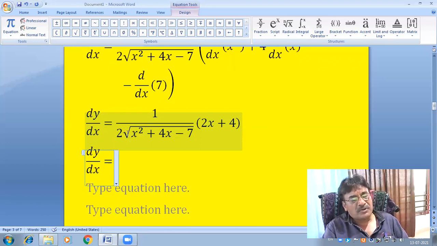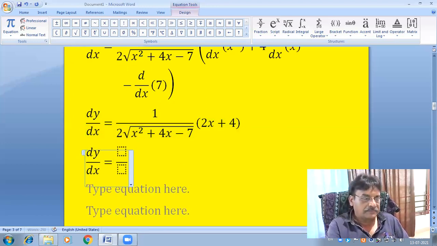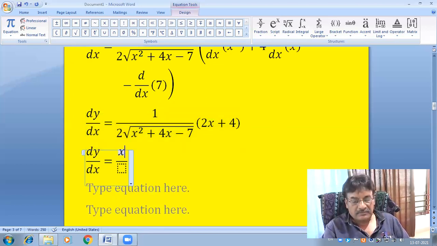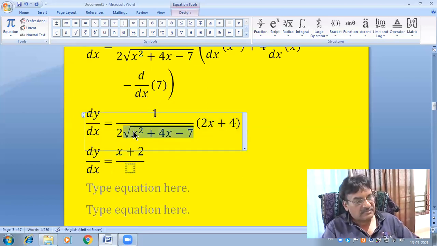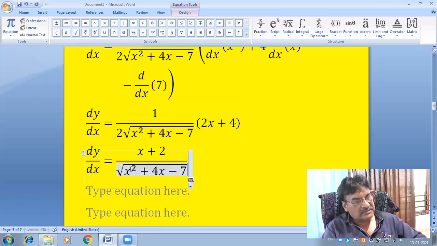So x plus 2 upon under root x square plus 4x minus 7. So from this bracket 2 taken common, 2 gets cancelled, and in bracket x plus 2. So right here x plus 2 upon under root x square plus 4x minus 7 as it is. So we write this here.